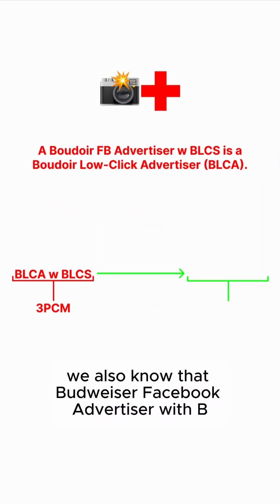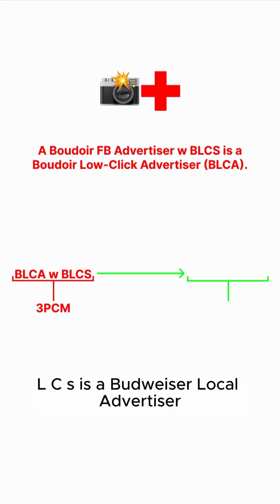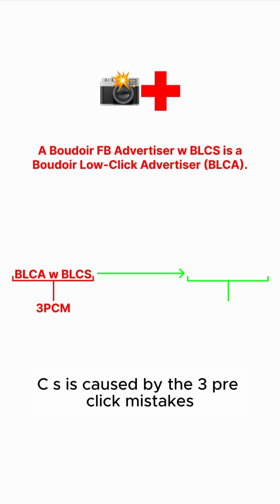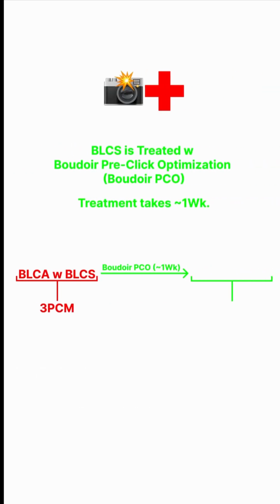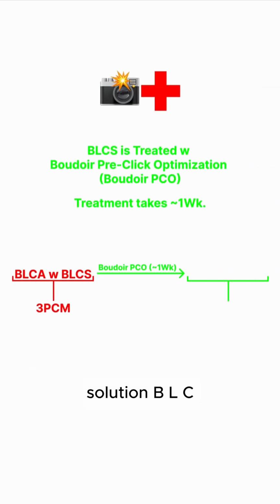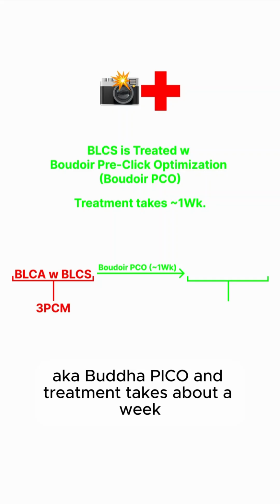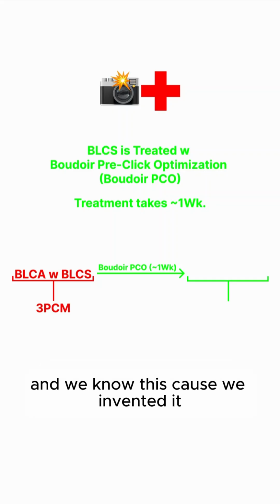We also know that a Boudoir Facebook advertiser with BLCS is a Boudoir low click advertiser, a BLCA. So, building our universe here, we have a BLCA with BLCS caused by the 3 pre-click mistakes. Solution: BLCS is treated with Boudoir pre-click optimization, aka Boudoir Pico, and treatment takes about a week. We know this because we invented it.